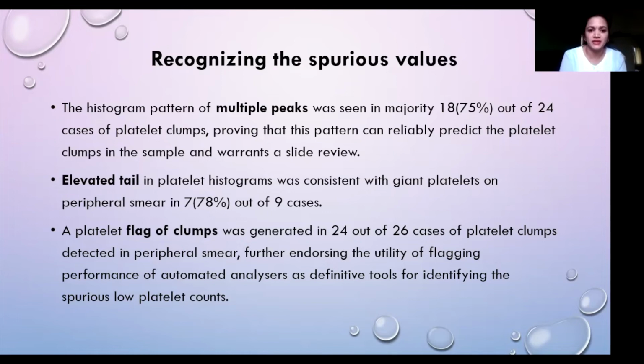The elevated tail in the platelet histogram was consistent with giant platelets, which was seen in peripheral smear of 7 out of 9 cases. The flagging performance of the analyzer for platelet clumps was seen in 24 of 26 cases, further endorsing the utility of flagging performance of the automated analyzer as a definitive tool for identifying spuriously low platelet counts due to clumps.